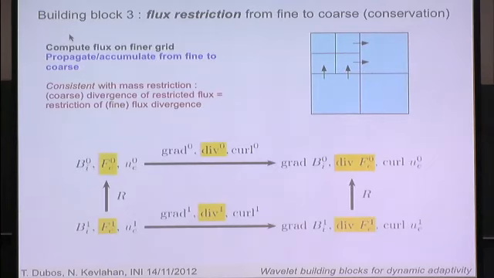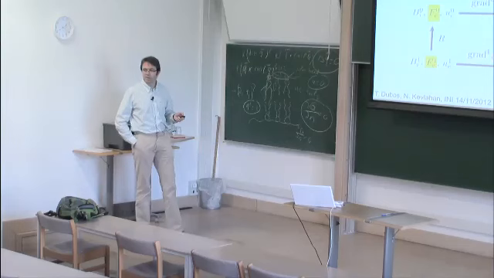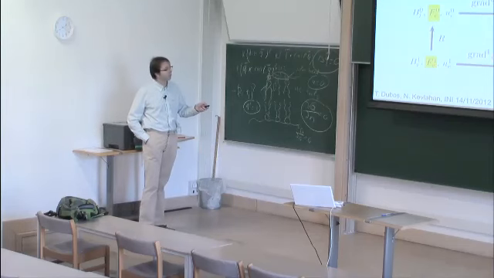So if I have a flux on my fine cell grid, I compute my divergence, and I restrict this divergence to the coarse grid, I obtain the same result as if I restrict my flux. So here, just summing up these two fluxes, the two here, and the two here, and taking the divergence on the coarse cell.